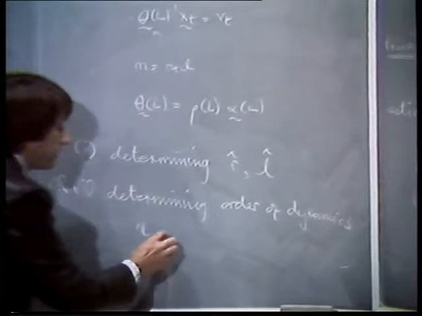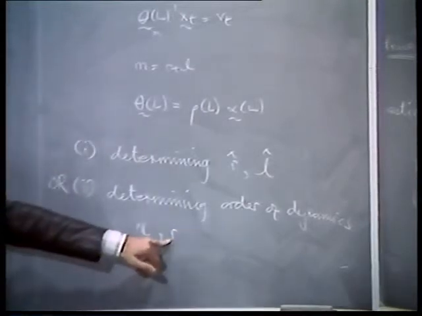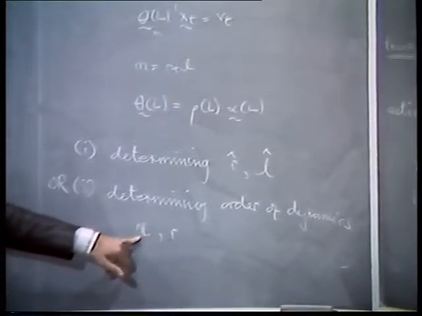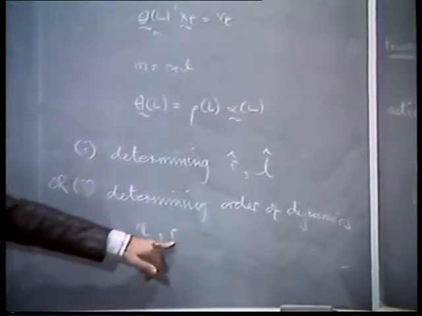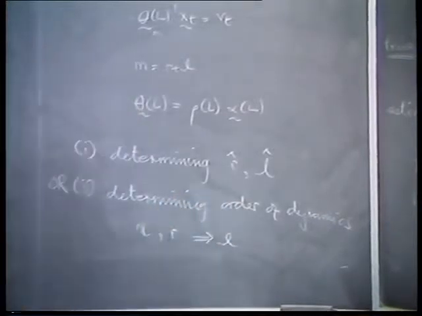In other words, we then want to determine the error dynamics R. Once we've determined the order of dynamics as a whole and the error dynamics, that immediately tells us what L must be.